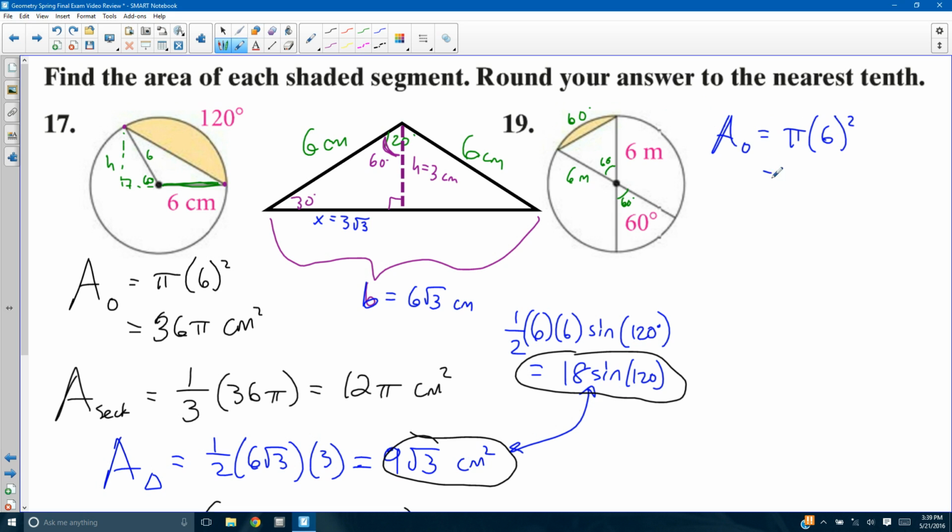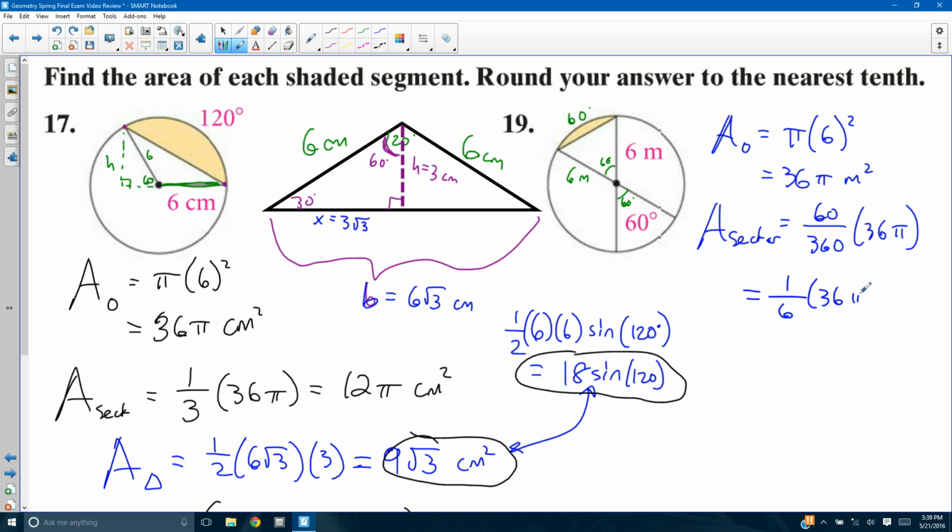So they're not exactly the same. In fact, they're not even close, technically. The area of the sector is going to be 60 out of 360 this time, and multiplying that by 36 pi. Well, 60 out of 360 is 1/6, and 1/6 of 36 is 6. So the area of the sector is 6 pi, this guy right here.